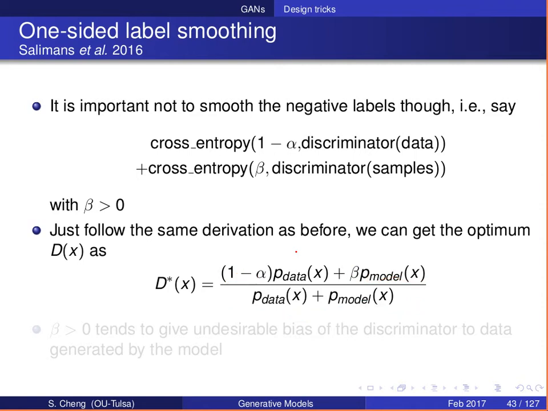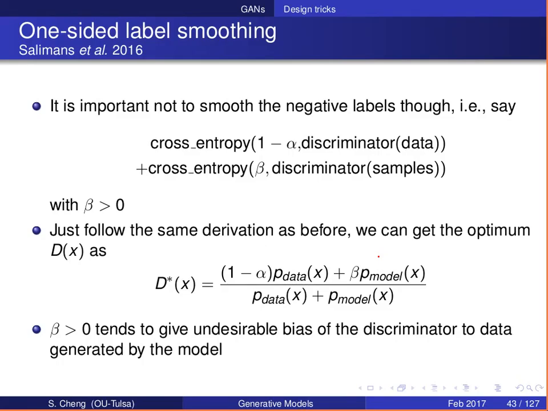But if alpha and beta are non-zero, in general it's something like this. And the problem is that if you have a beta here, that tends to give you some undesirable bias to the data generated by the generator. It's hard to explain. Maybe you want to go into the paper. I would probably say something wrong, but anyway, you can check out Salimans' paper for the reason.